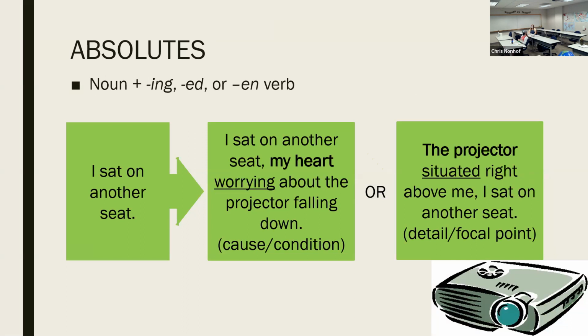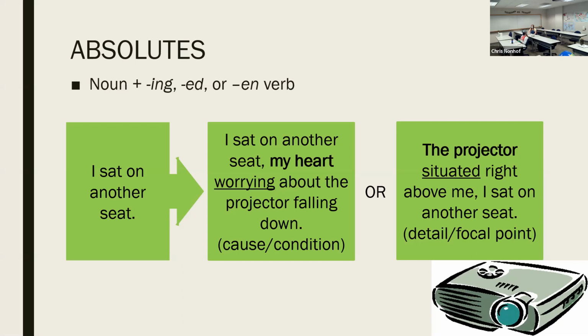So basically, absolutes have two functions. They either show you the big picture, like a cause or condition, or they zoom in and show you the detail, like something that you want to focus on. For example, a simple sentence: I sat on another seat, but we don't know what's happening within that person.